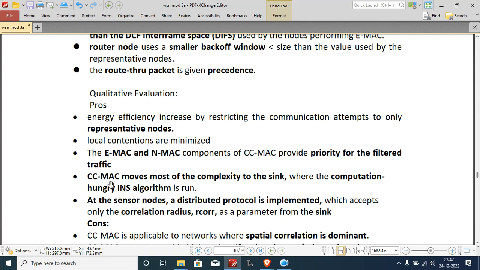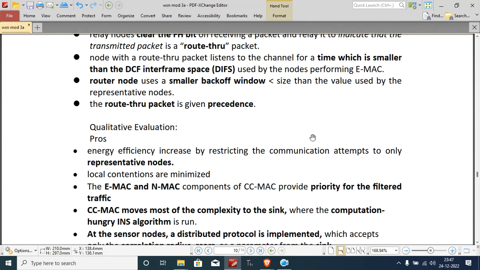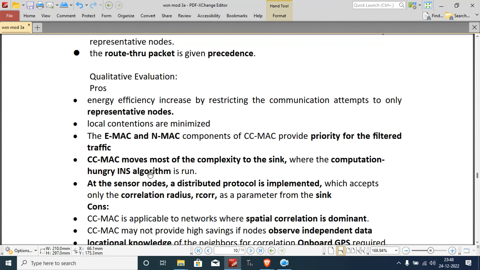CCMAC moves, and this is happening because of this DIFS, which is of shorter duration. That is happening due to a smaller time compared to that of DIFS.